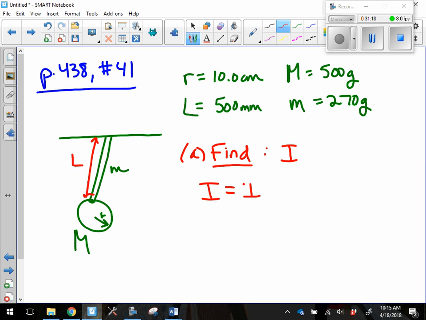So I can say that I is I rod plus I disc. So it doesn't really matter, but we'll take the rod first.